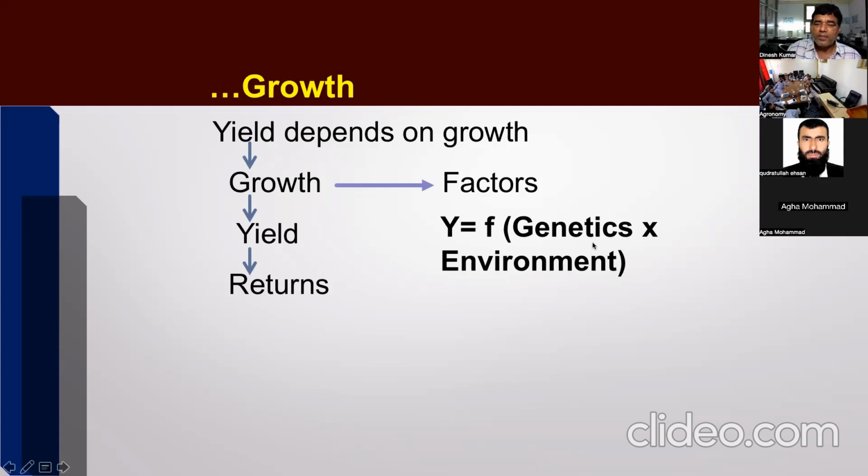And besides this, there will be interaction also. Broadly, there are three factors: one is the genetic factor, second is the environmental factor, and third is genetics into environment interaction, which also becomes a factor.